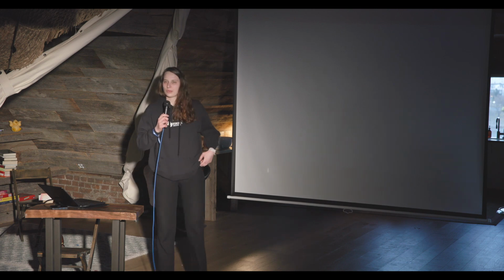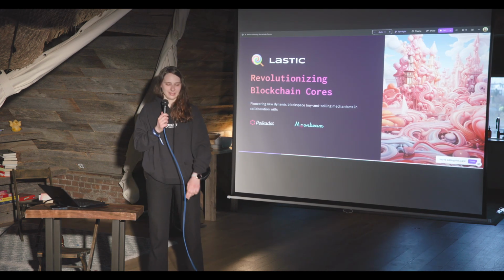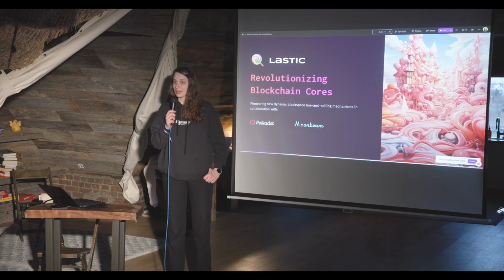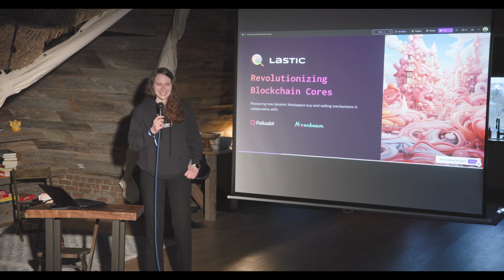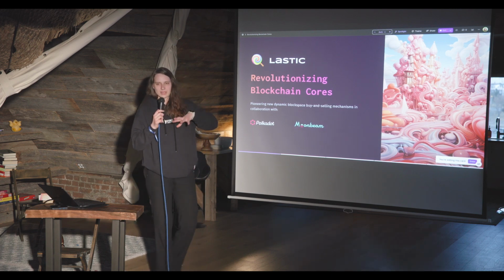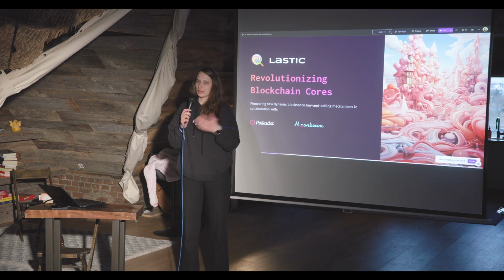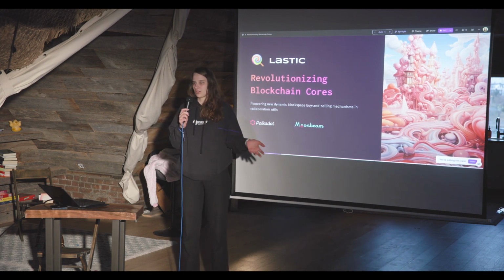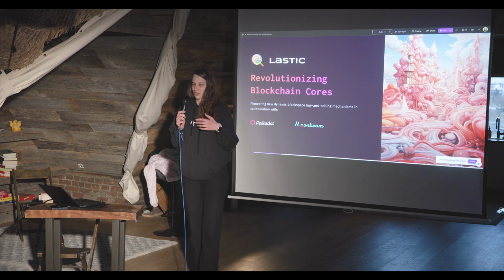Yeah, so I'm here with Elastic. I always say we're a Blockspace marketplace, and then nobody understands what that is. So I try to explain it like this. You have the blockchain, and you can think of it as a giant decentralized computer. What this computer is made of is a bunch of processors.